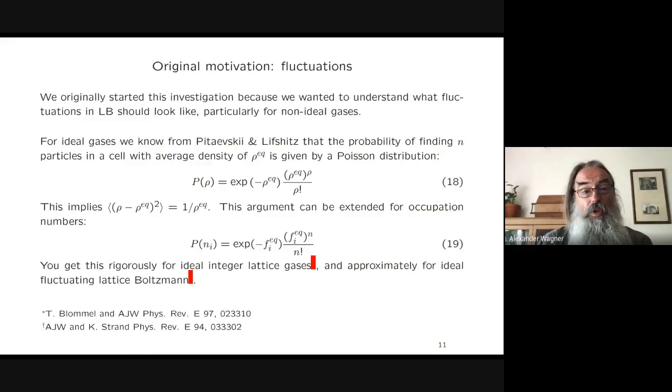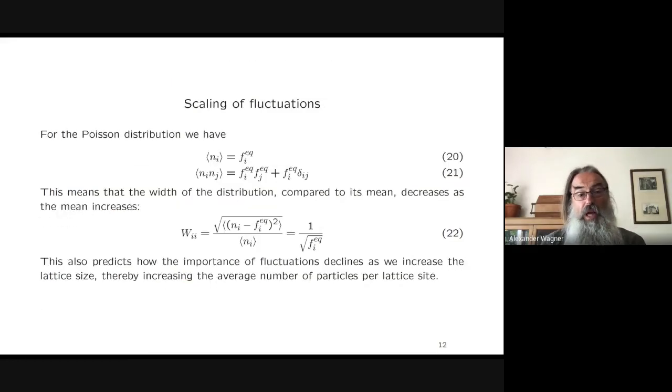Now, you can go and you can look at how this thing scales. So the n_i, going with the f_i equilibrium, the second moment has this quadratic term plus the f_i equilibrium delta_ij. And that means that the width of the distribution compared to its mean decreases as the mean increases.